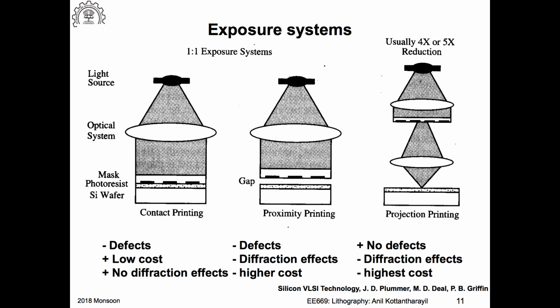In the next layer you would have exactly the same marks, or something that can be aligned to them, at exactly the same locations. So this is one possibility. Overlay is a very important parameter because it decides how densely you can pack things on a wafer.